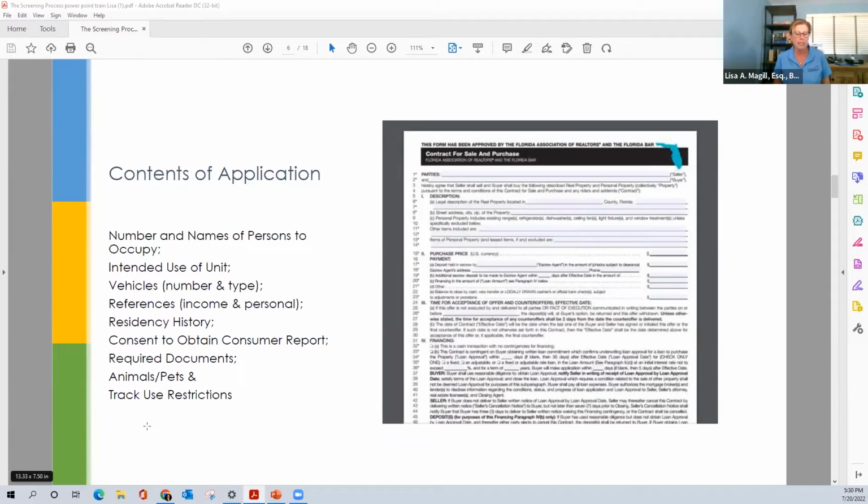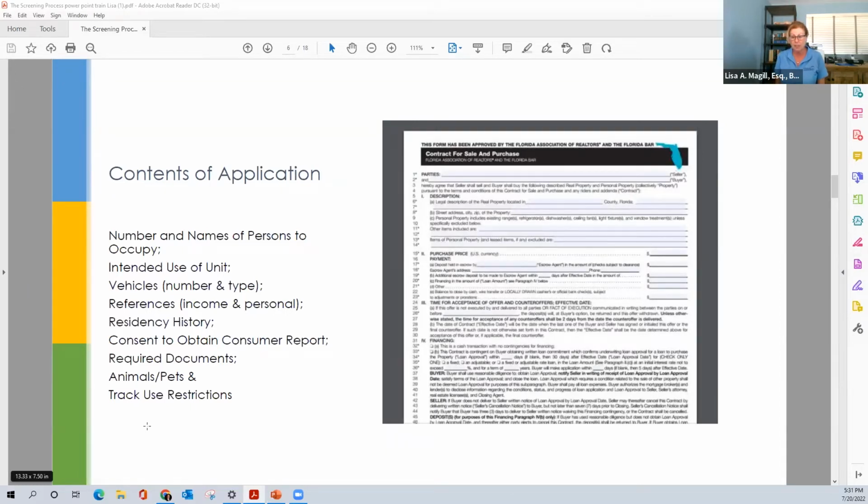And then also in your application, track your use restrictions. I talked about the parking. If you only have one parking space, or even in an HOA, and you have 2 garage spaces and 1 driveway space, or 1 garage space, 1 driveway space, you want to ask what kind of vehicles they have, because some vehicles may not even fit within a garage.